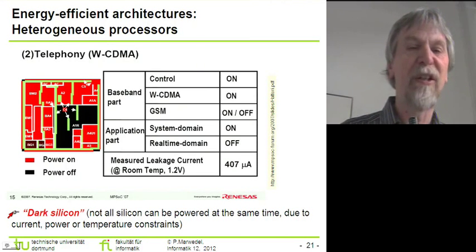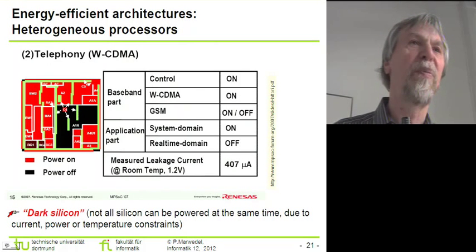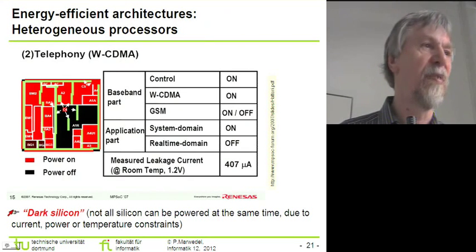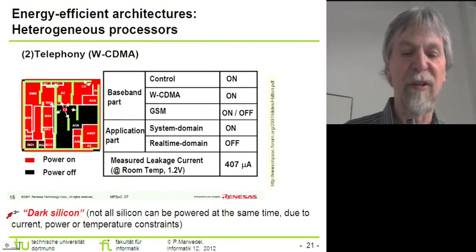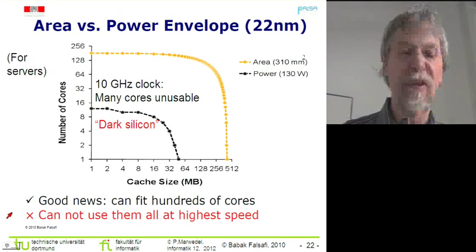The buzzword is dark silicon. Dark silicon means that we will possibly not be able to provide all the parts of a chip with power at the same time. And we are seeing this already in this particular case. But this becomes even more drastic in other cases.